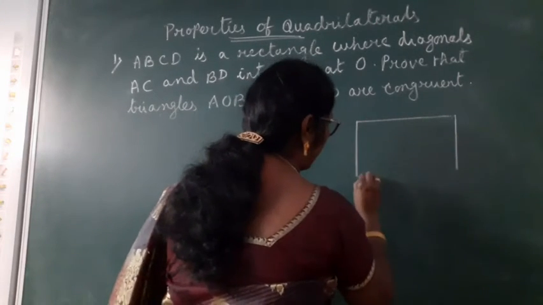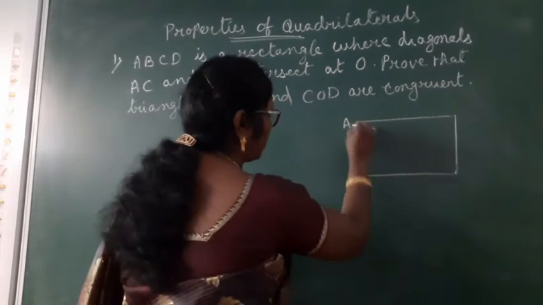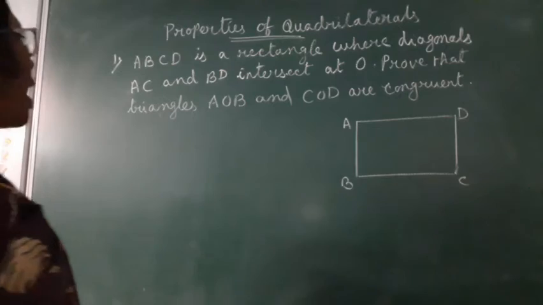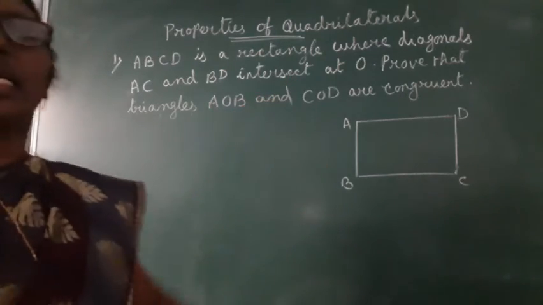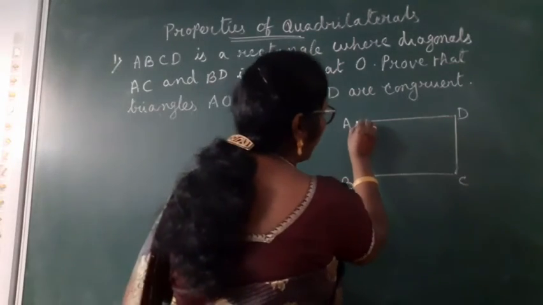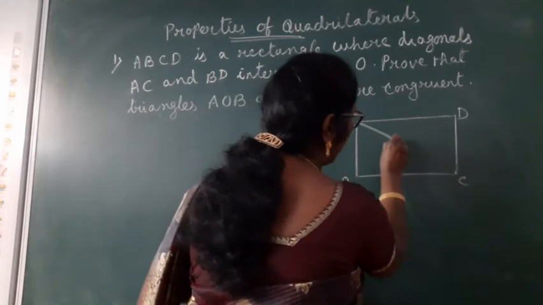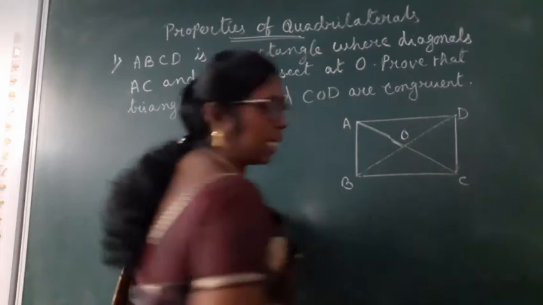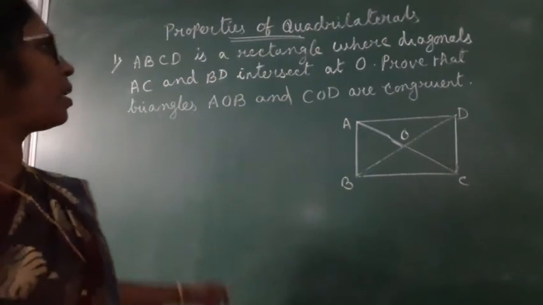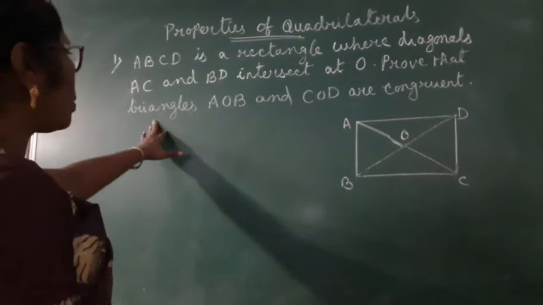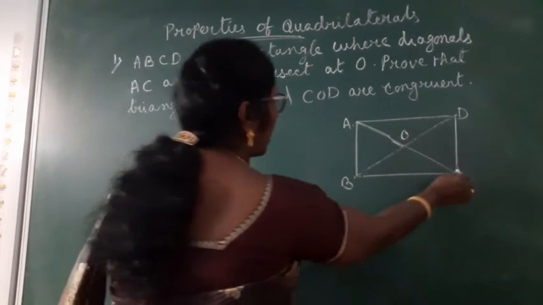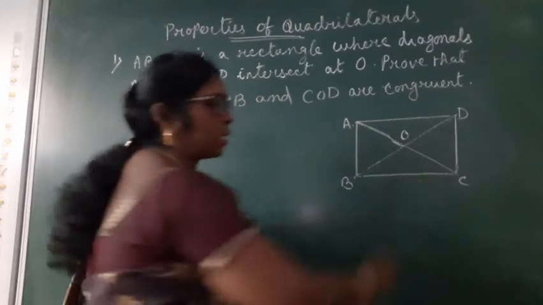ABCD is a rectangle, where diagonals AC and BD intersect at O. AC is a diagonal, BD is another diagonal, they are intersecting at O. If it is so, prove that triangles AOB and COD are congruent.